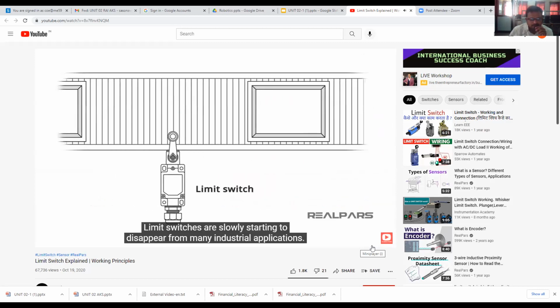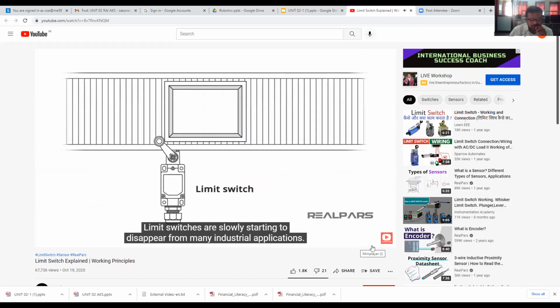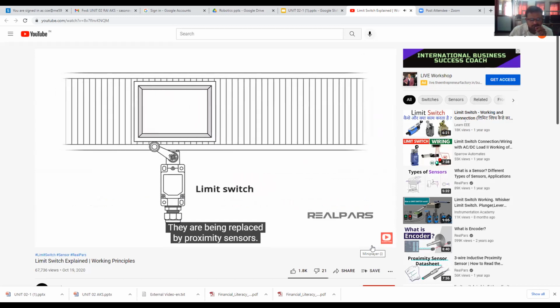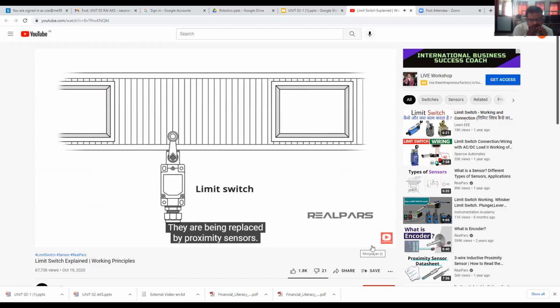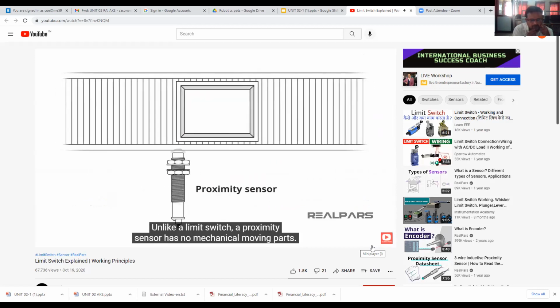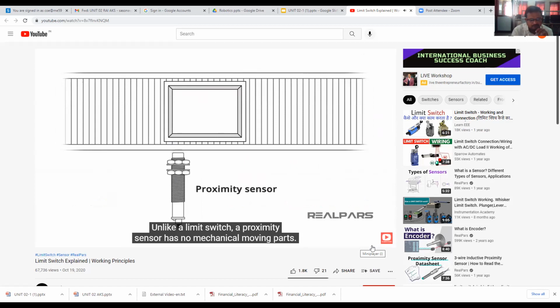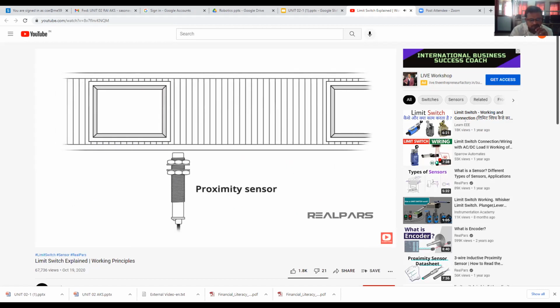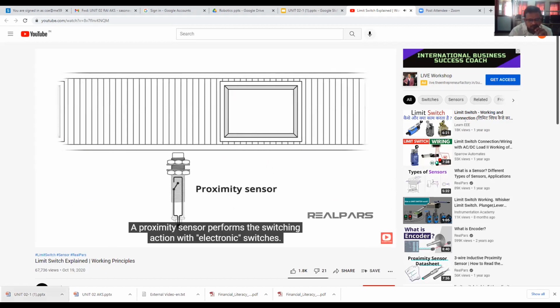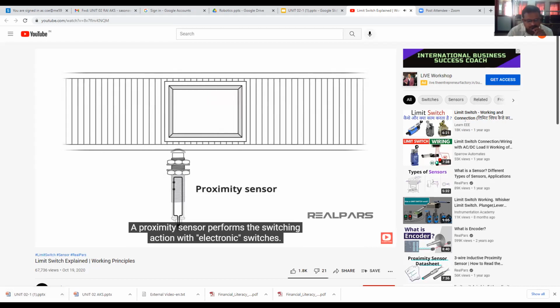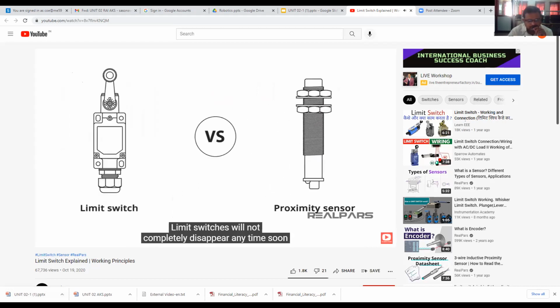Limit switches are slowly starting to disappear from many industrial applications. They are being replaced by proximity sensors. Unlike a limit switch, a proximity sensor has no mechanical moving parts. A proximity sensor performs the switching action with electronic switches. Limit switches will not completely disappear anytime soon, as they outshine their proximity switch counterpart in their ruggedness and reliable operation in difficult environments.